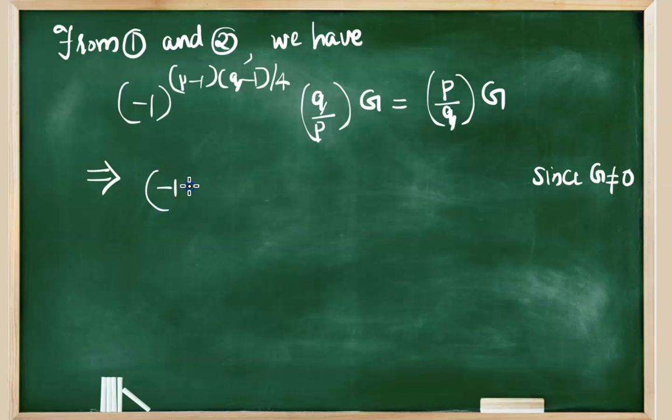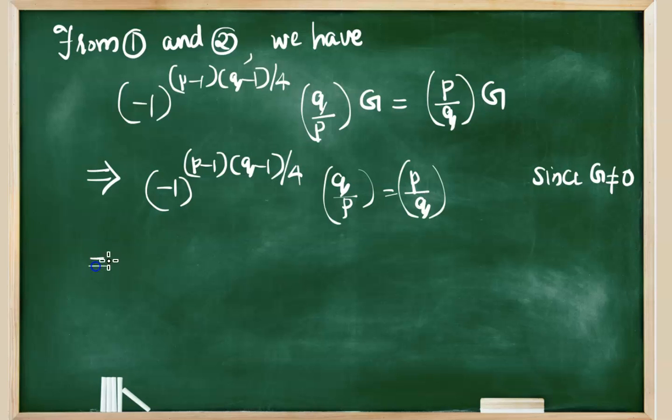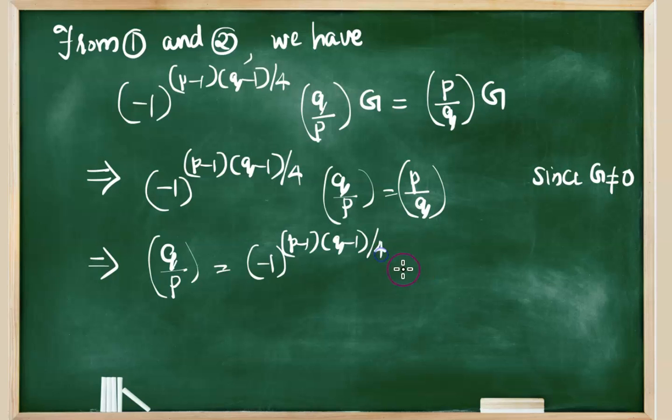Then we get (minus 1) raised to (p minus 1)(q minus 1) by 4 into q by p is equal to p by q. Or we can express that Legendre symbol q by p is equal to (minus 1) raised to (p minus 1)(q minus 1) by 4 into Legendre symbol p by q. Thus, we obtain the quadratic reciprocity law.